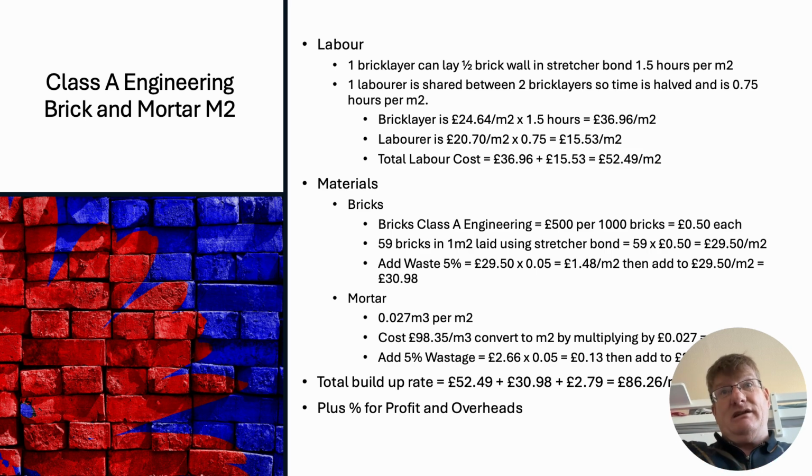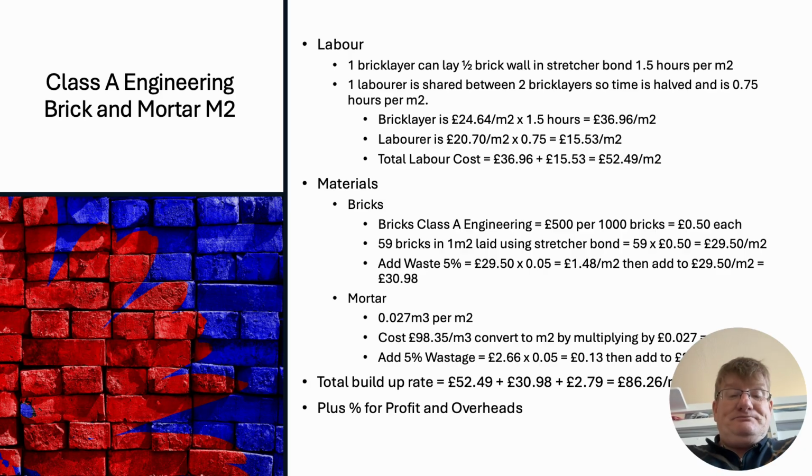They've done a lot of training. They would be able to use a skill saw, things like that. So you could charge more if you wanted to. I've charged the basic rate there, which is £20.70, and multiplied it by 0.75. Added them both together, and they come to around £52.49 a metre squared. So there's my labour cost.